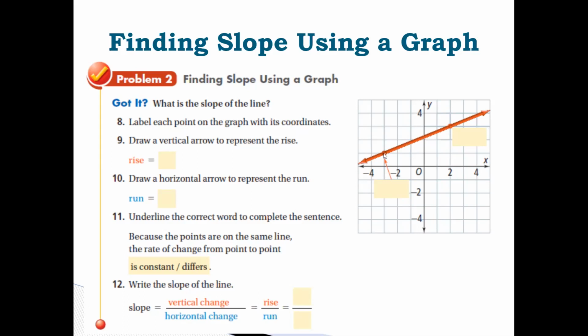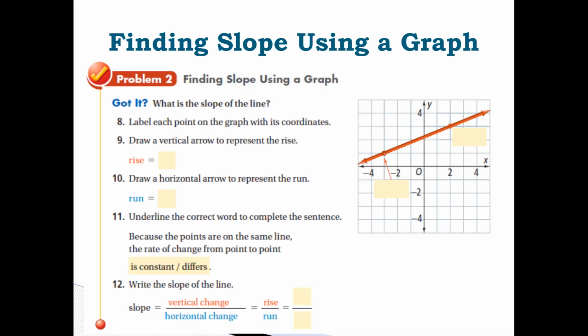Because if I start here at this point on the left and I start counting these squares, I'm going to go up 2 to get to the same level where the other point is. So I have a rise of 2. And from there, I'm going to count 1, 2, 3, 4, 5 to the right. So that's my run.